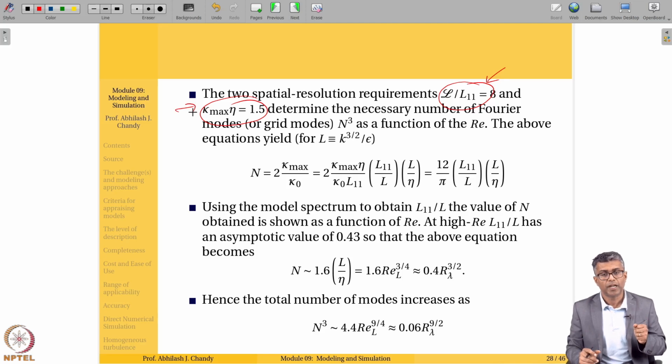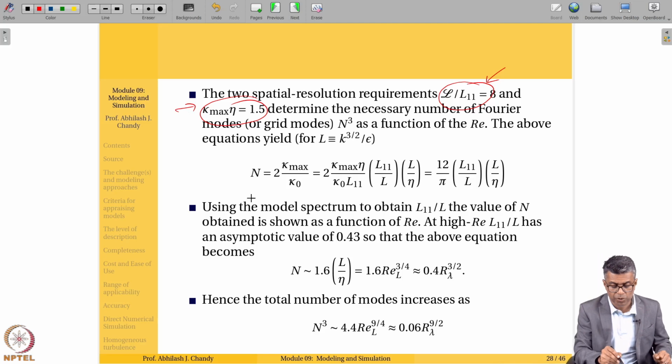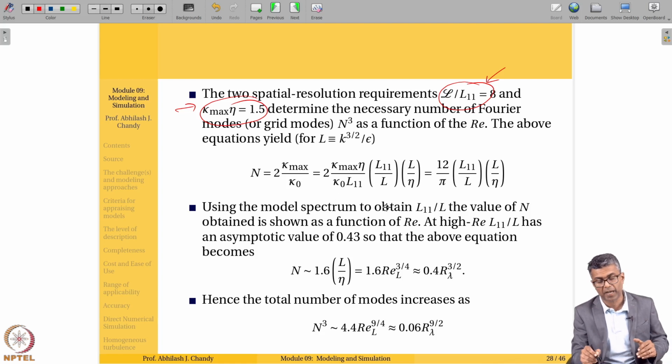So here, n is going to be equal to 2 kappa max over kappa naught, and I multiply by eta and divide by eta, multiply by L11 and divide by L11. I'm sorry, kappa naught was already there, so I don't need to divide and multiply by it.